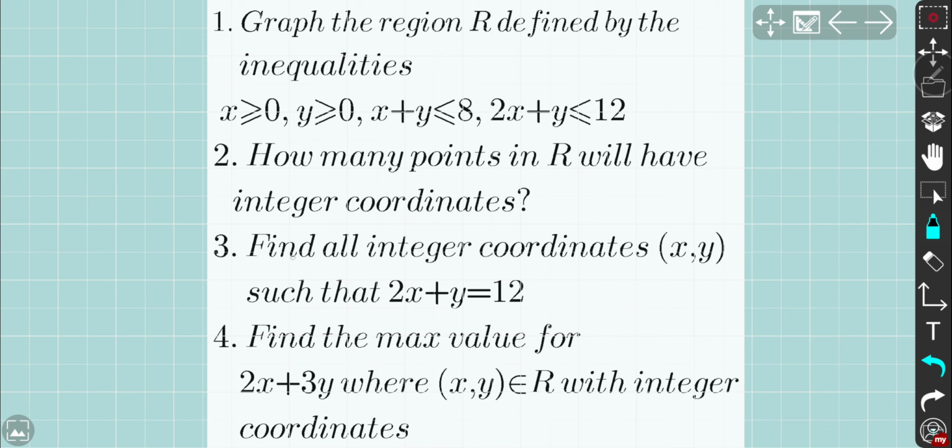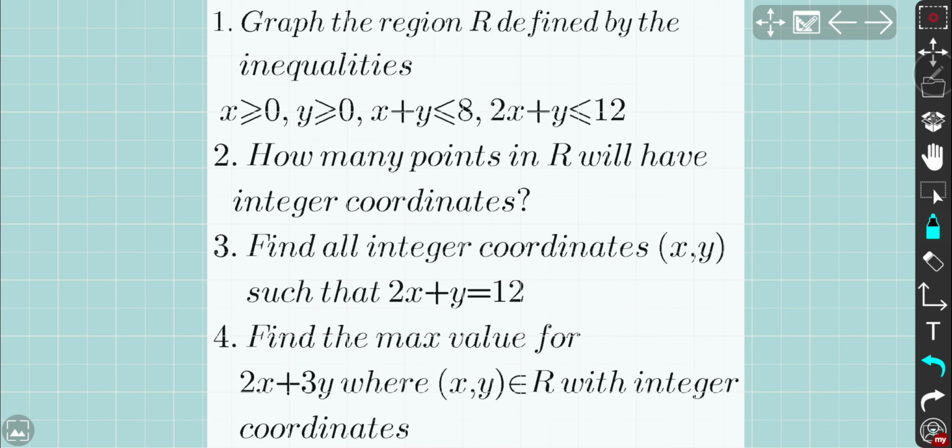So basically it asks you to find all the points that lie on this straight line with the given equation.